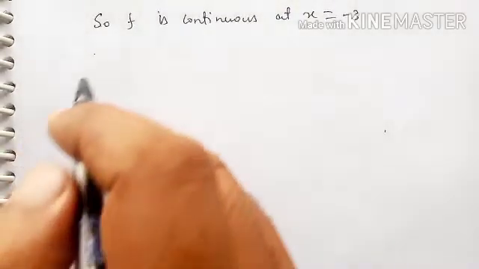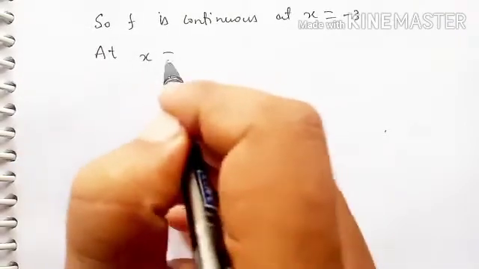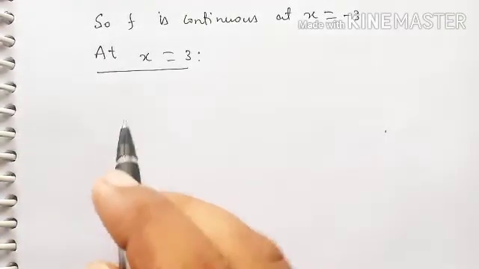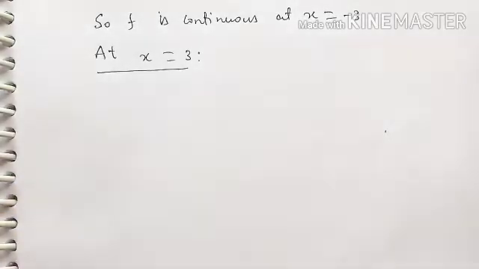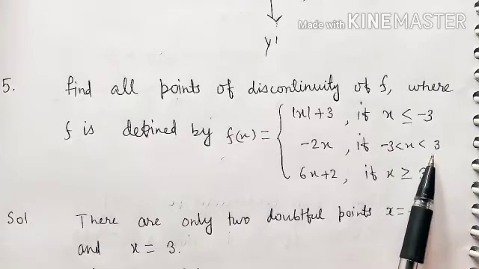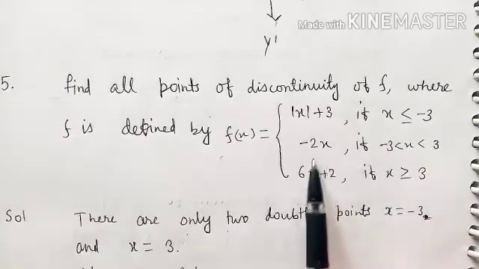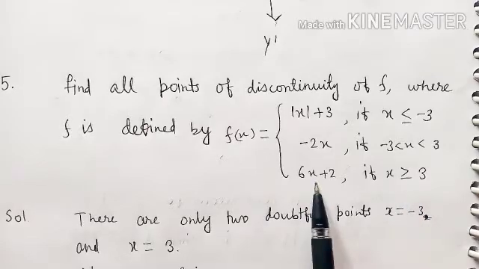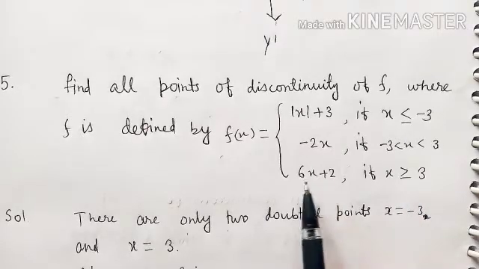At x equal to 3. Here you can see to the left of 3, this is f(x), and to the right of 3, this is f(x): minus 2x and 6x plus 2.